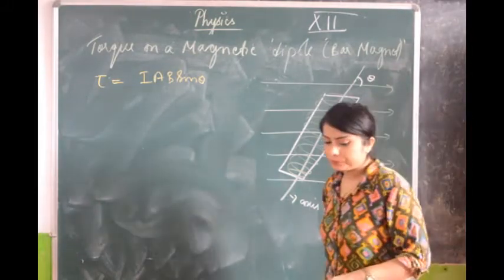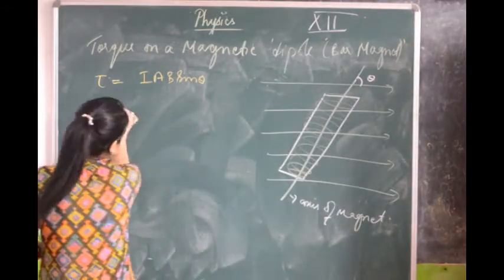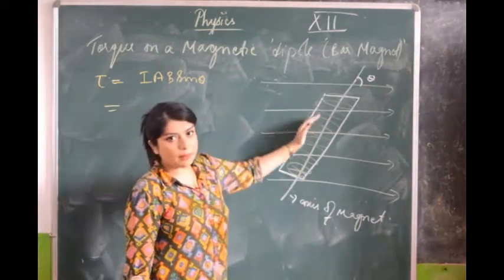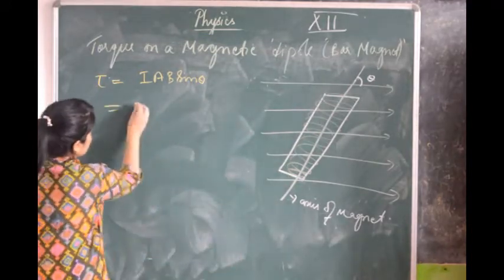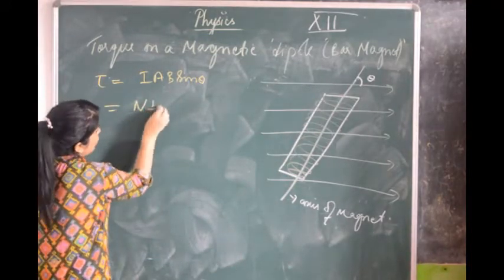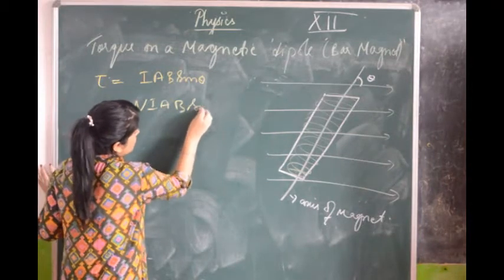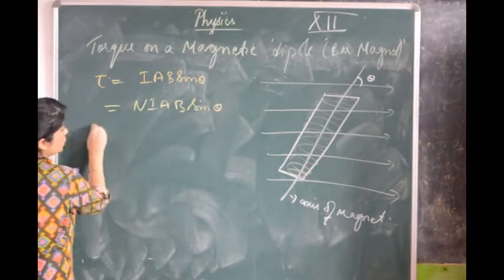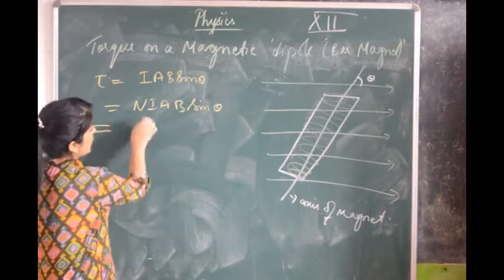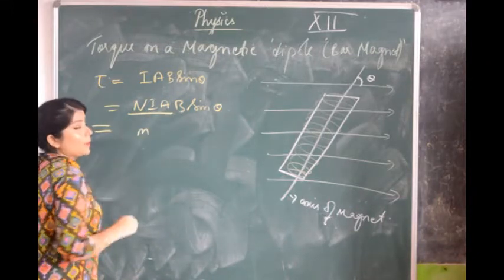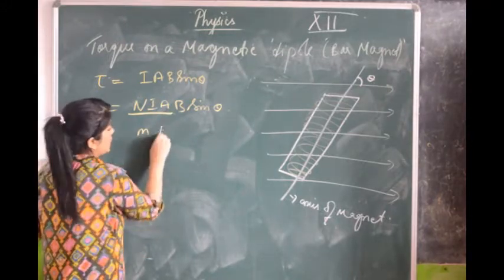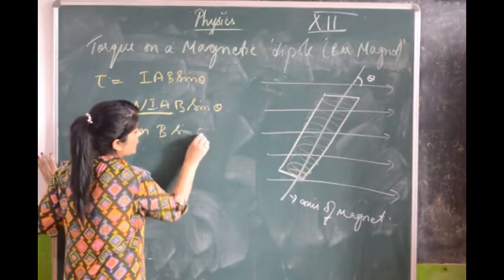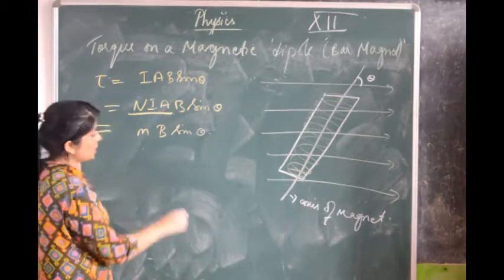In a bar magnet there are n number of current loops, so it is n I A B sin theta. This is the torque. Now what is N I A? N I A is the magnetic dipole moment. Just replacing N I A by M, we get M B sin theta. So this is the torque.